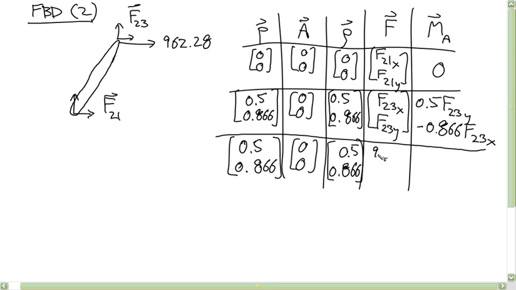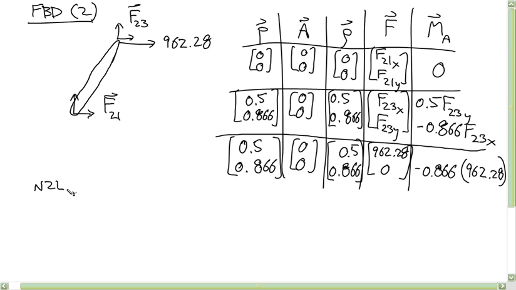We have 962, 0, and that is minus 0.866 times 962.28. Yeah, that's 833. So I'll put that in the equations.